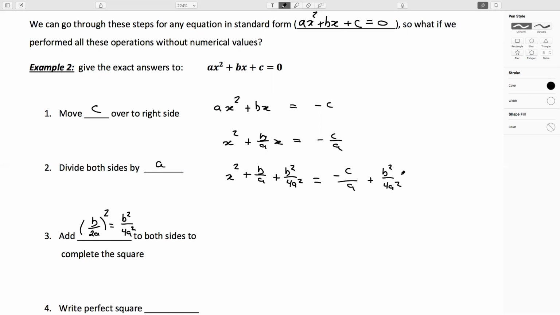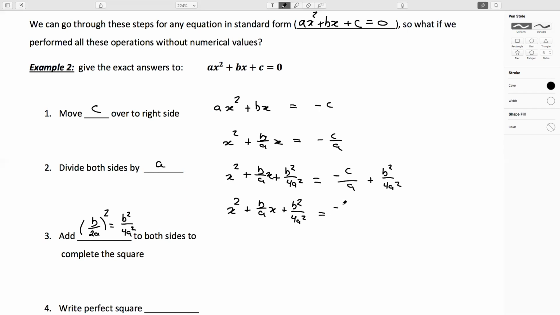So now I'm going to take the right-hand side of the equation, and I'm going to try to join those fractions together. The left side won't change for the next few lines. It's going to stay as x squared plus b over a x plus b squared over 4a squared. But we need a common denominator here. It's going to be 4a squared. So this fraction needs to be multiplied by 4a over 4a.